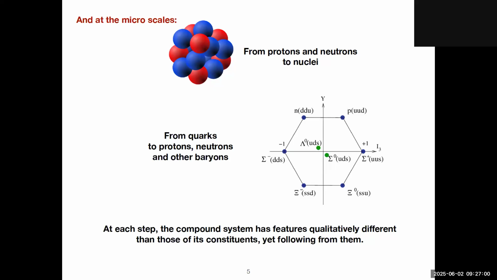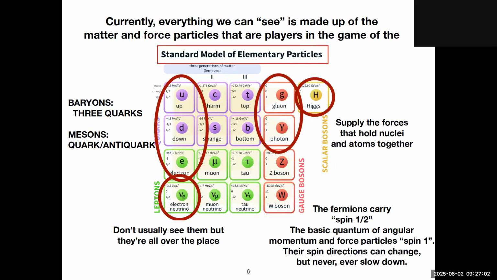All right. So currently, everything we can see, and in quotes, but in some sense, all the stuff that's not dark matter, or never mind dark energy. Actually, it isn't really clear, at least to non-cosmologists like me, that dark energy is a thing.